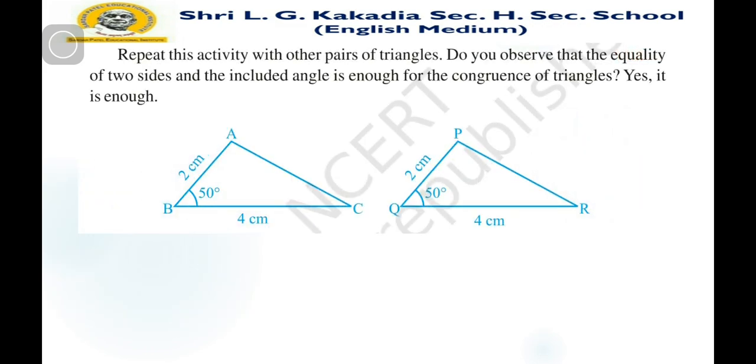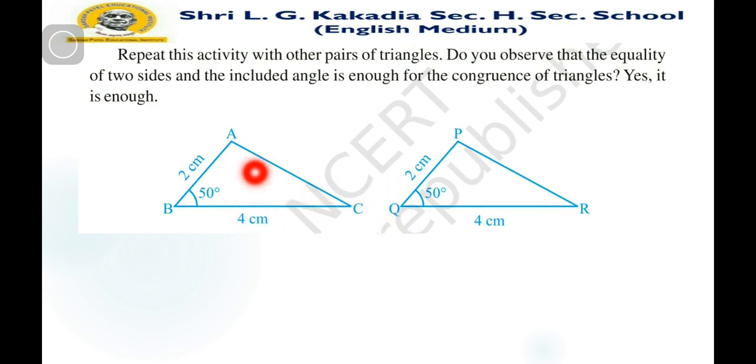Now repeat this activity with other pairs of triangles. Do you observe that the equality of two sides and the included angle is enough for the congruence of triangles? Yes, it is enough. If two sides and one angle are equal to the corresponding sides and angle of another triangle, then you can say that both figures are equal.